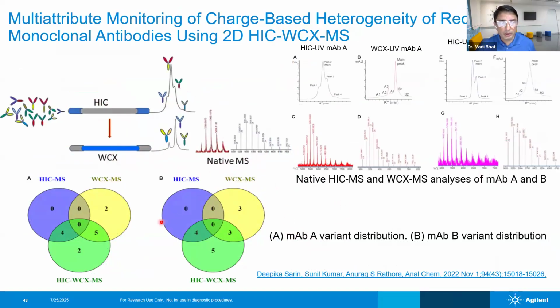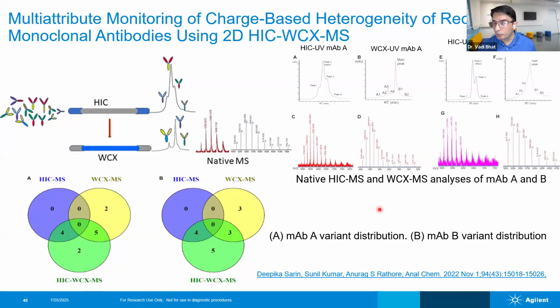So they have compared without 2D and with the 2D, and obviously they are showing that if you use hydrophobic interaction mass spec or weak cation exchange mass spec, you can see some variants. But if you do a combination of HIC and ion exchange, you can actually get more variants. It's because of many things.